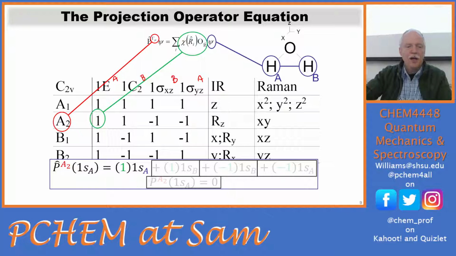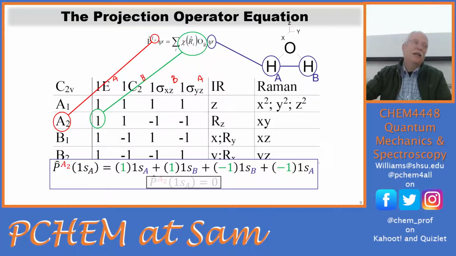And so our character is a +1 here and a +1 there for the 1sB. You see, I'm just pulling down the second row, characters. And then I have a -1 times the 1sB and a -1 times the 1sA. And so this is what I was talking about earlier with the hydrogen combinations that we did.